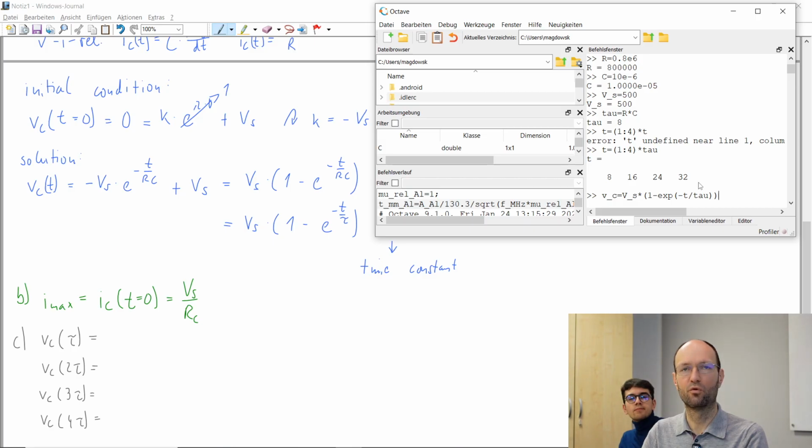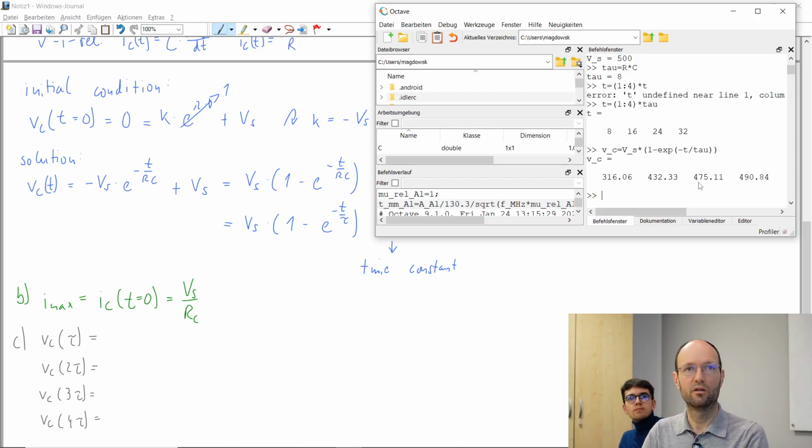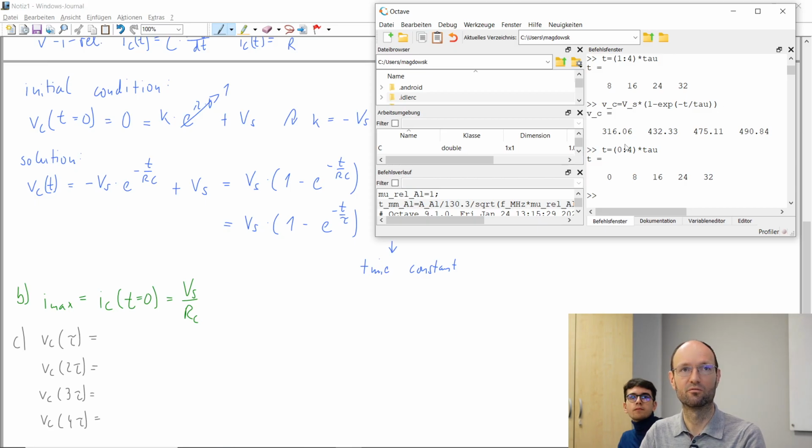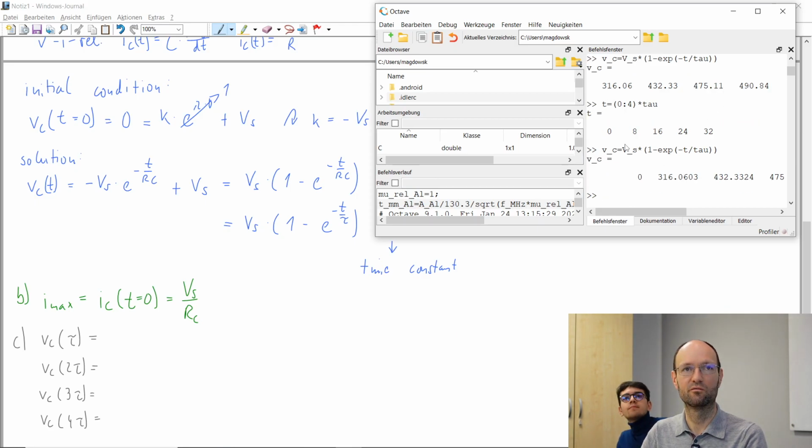So now we should get 4 voltages. And so we can see that at the beginning, if we would calculate it for time equals 0, exponential function to 0 is 1, 1 minus 1 is 0, so we should start with 0. So now we start with 0, then of course our time function also starts with 0.